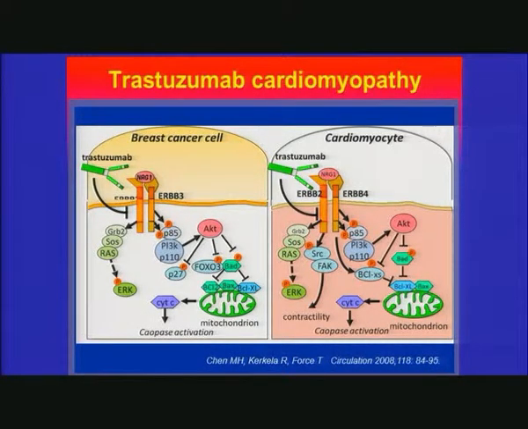And also the FAK pathway contributes to contractility. So if we block here, then contractility is depressed. And also the PI3 kinase pathway activates AKT, which blocks the apoptotic pathway. So if we give Herceptin, this pathway is blocked, which means apoptotic cell death in normal cardiomyocytes.